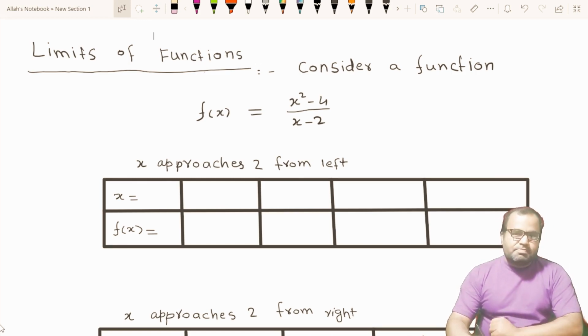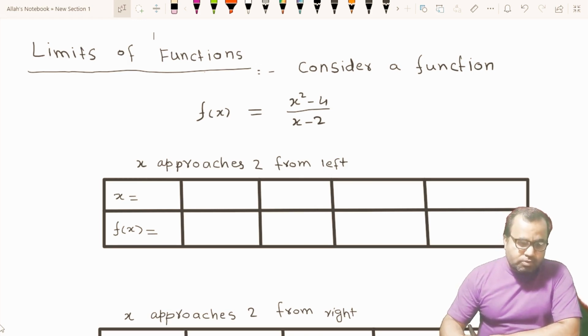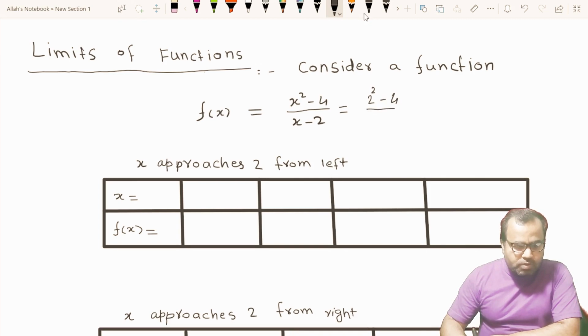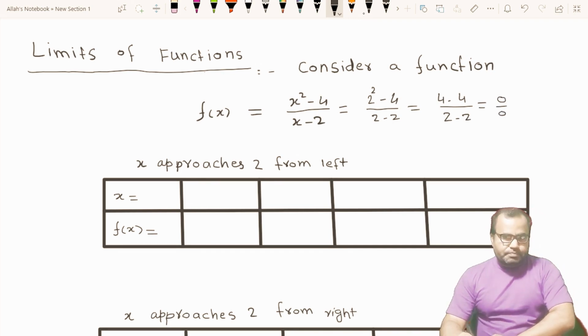For example, if I put the value x equals 2, then we get 2 squared minus 4 divided by 2 minus 2, which is 4 minus 4 divided by 2 minus 2, and this is 0 divided by 0 form if we put in the direct value.